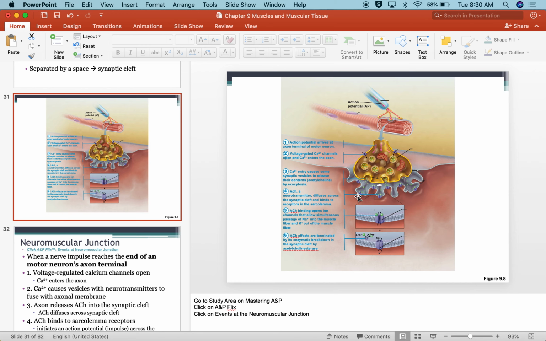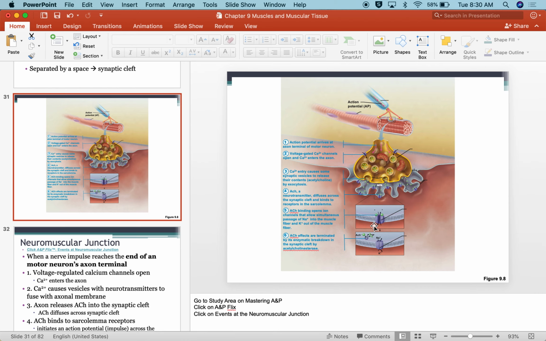This binding of acetylcholine allows passage of sodium into the muscle fiber and potassium out of the muscle fiber. So now we're changing the electrical charge of that cell. Acetylcholine's effects are terminated by an enzyme called acetylcholinesterase, because we don't want this to continually stimulate the muscle. We only want one single muscle contraction.